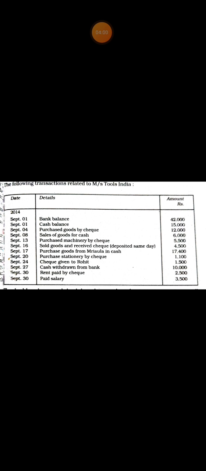17,400. September 20. Purchased stationery by check 1,100. September 24. Check given to Rohit 1,500. September 27. Cash withdrawn from bank 10,000. September 30. Rent paid by check 2,500. Again September 30. Paid salary 3,500.